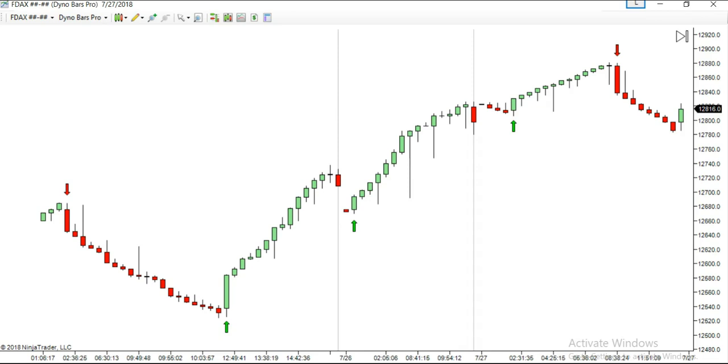But again, why am I showing you the DAX? Well, I'll tell you. The DAX is very good for trend trading, and it also has an interesting set of hours, right? Most people in the United States don't bother trading the DAX because the session starts at 1 o'clock in the morning Chicago time, right?